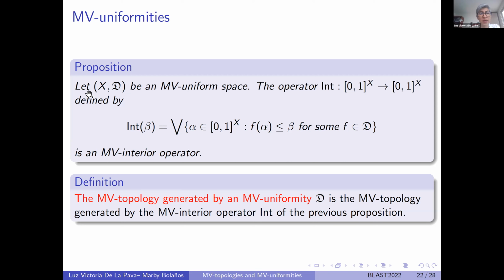So let (X, D) be an MV uniform space. The MV interior operator, or the operator int from [0,1]^X to [0,1]^X, is defined by int beta is the join of fuzzy sets alpha of X such that for some f in the uniformity, f of alpha is below beta.